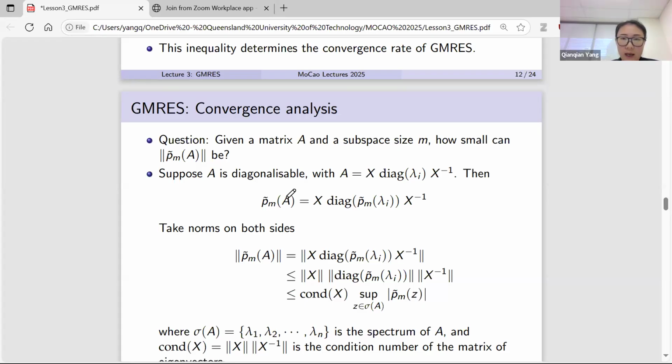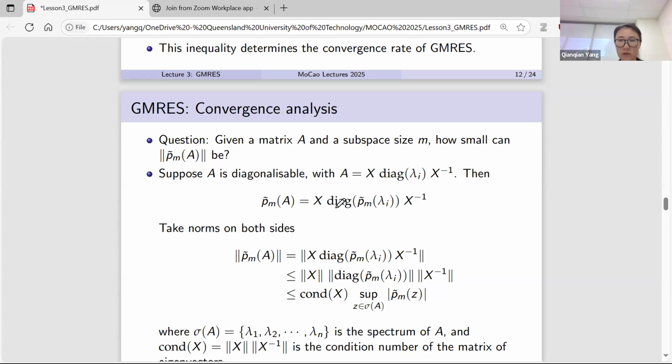So Pm(A) is simply equal to X diag, where we just apply this polynomial Pm on the diagonal values, and then times X inverse.